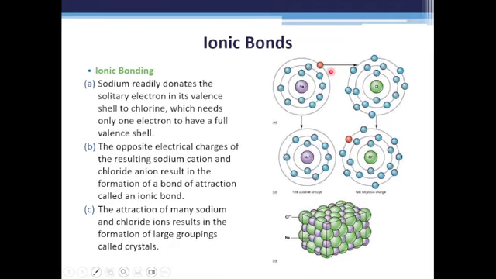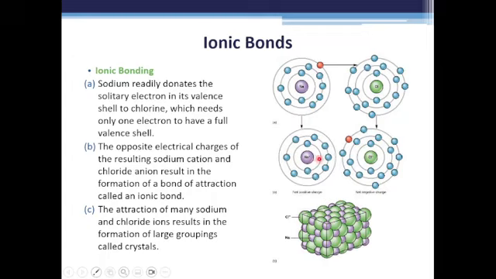One atom has a nearly empty valence shell and one atom has a nearly full valence shell. That's why they bonded together. When an atom loses an electron, as you can see here, it becomes a cation, meaning it carries a positive charge. This is Na plus.